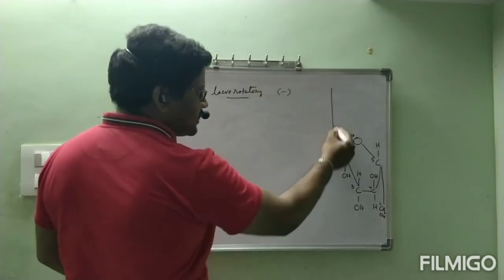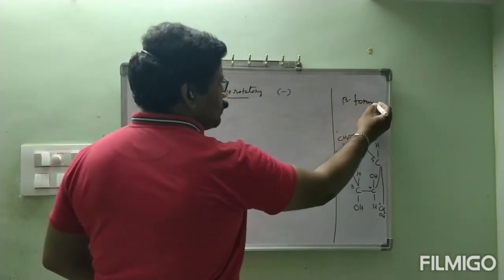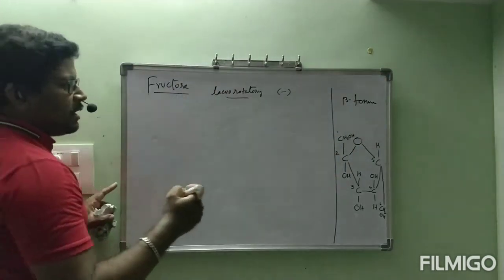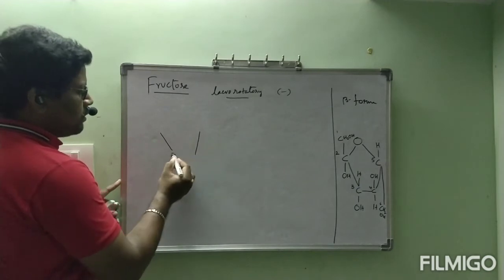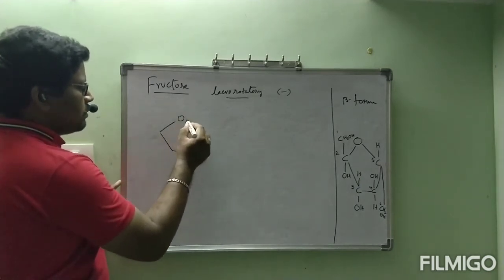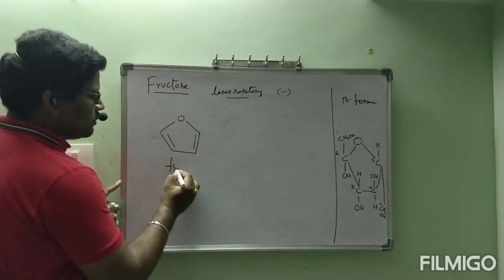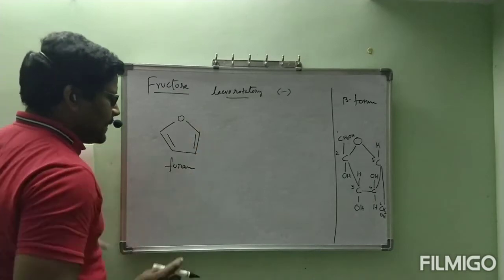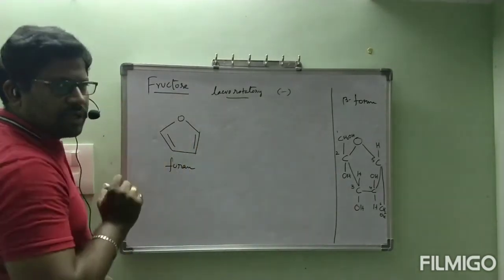This is the beta form of fructose. This fructose is resembling the structure of furan.